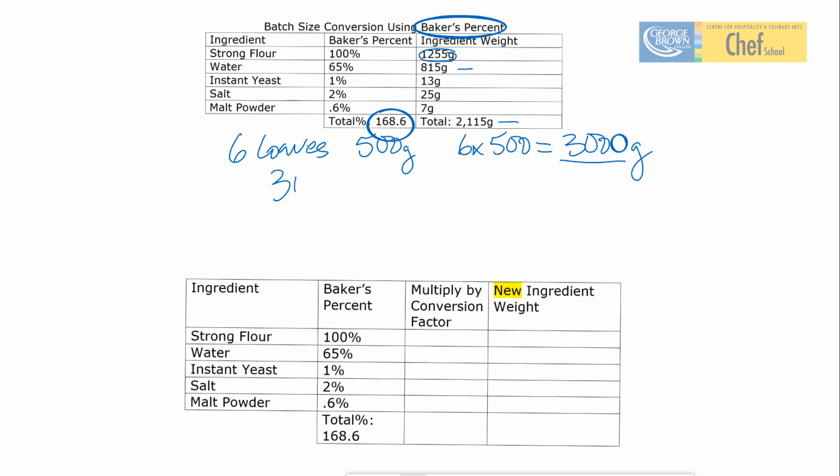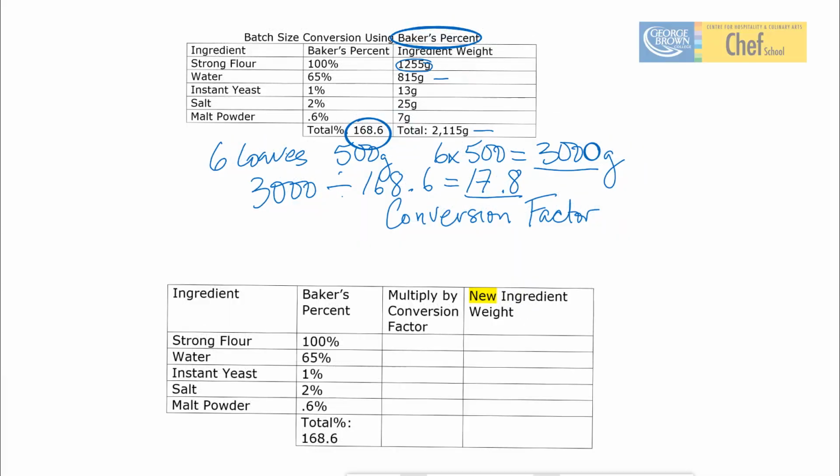So 3,000 grams divided by 168.6 is equal to 17.8. This is what we call our conversion factor. So this will give us exactly the 3,000 that we need in order to fulfill our order for our miche.